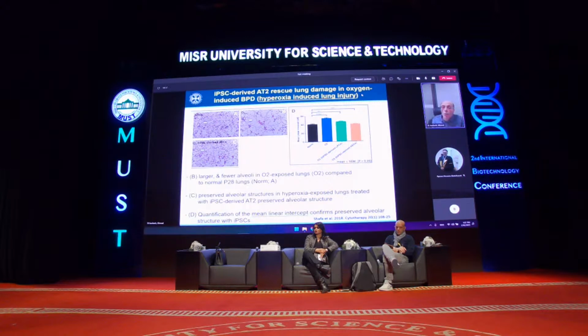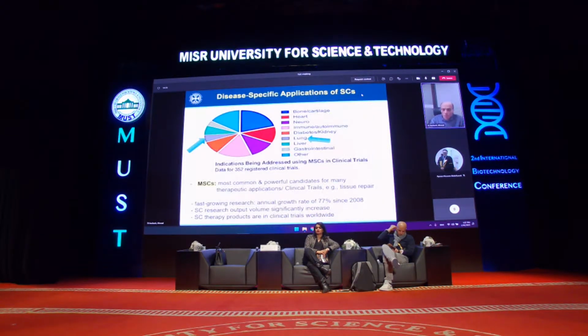This is our model. In the third group, we exposed it to hyperoxia and then treatment with MSC. And you can see major change in the structure of the lung simply because we have more production of alveolar type 2 cells, more production of alveolar type 1 cells, more functional lung. So it's a really effective method.